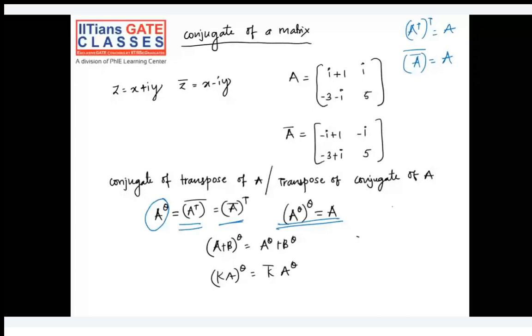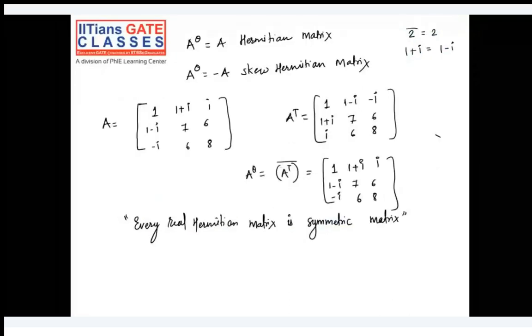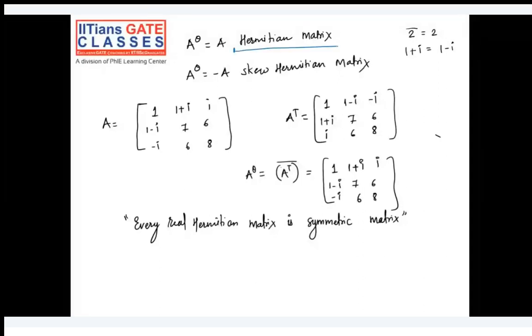Coming towards the next slide. Now you know A theta, so I'll not repeat it. If A theta is equal to A, then you can call it a Hermitian matrix. This is a new type of matrix, the Hermitian matrix. It is more or less similar to the symmetric matrix. What is the definition of a symmetric matrix?